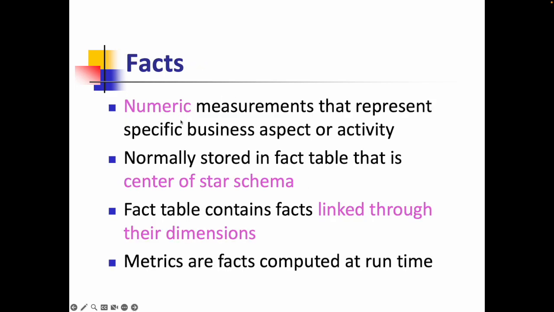So we said that facts contain numeric measurements that show a specific business aspect or activity, such as sale, and they are normally stored in the fact table, the center of a star schema, which I showed you here. They contain facts linked through their dimensions, metrics, or facts computed at runtime.